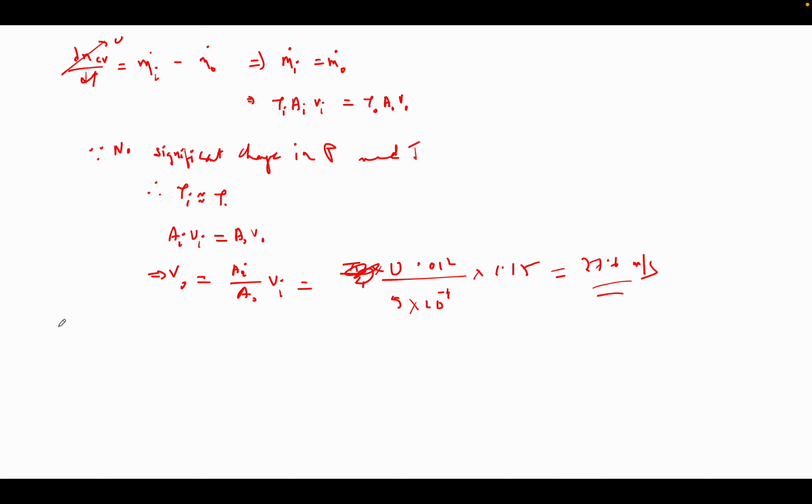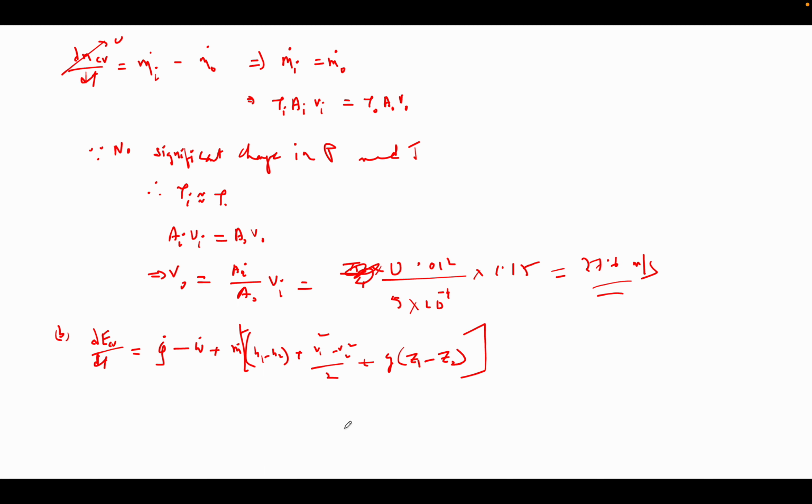For part B, dEcv by dt is equal to Q dot minus W dot plus m dot times h1 minus h2 plus V1 squared minus V2 squared by 2 plus z1 minus z2.